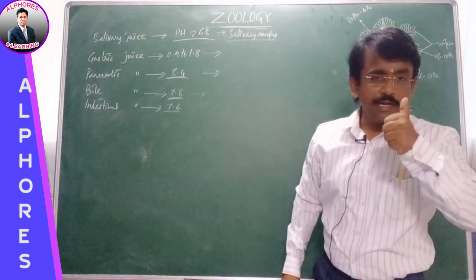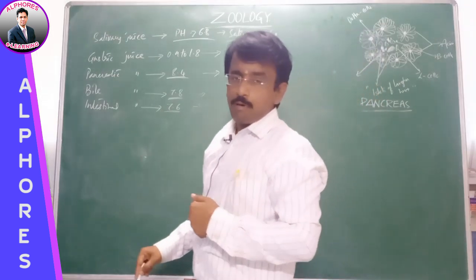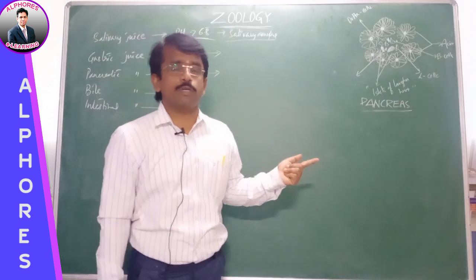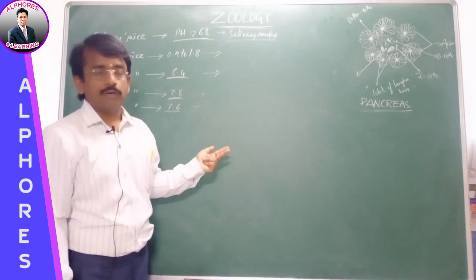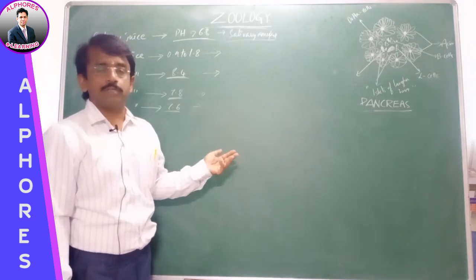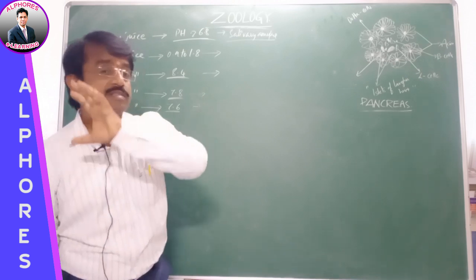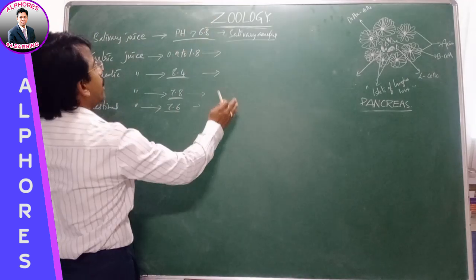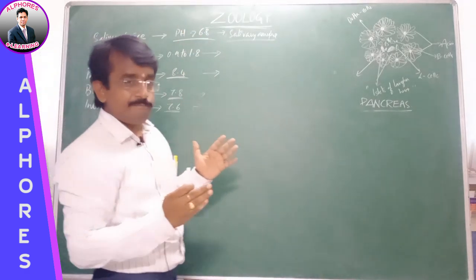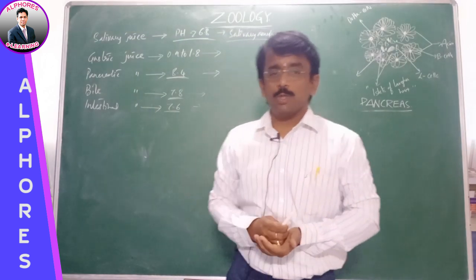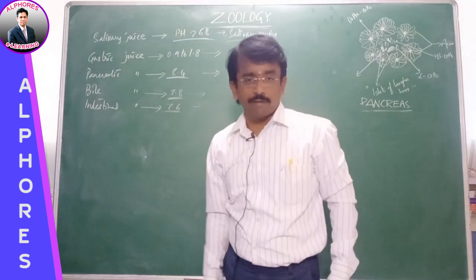Its components are enterokinase, disaccharidases such as maltase, sucrase, and lactase, aminopeptidase, dipeptidase, tripeptidase, nucleotidases, and nucleosidases. So this is a tabular form of all the juices we see: juice, pH value, and its components.